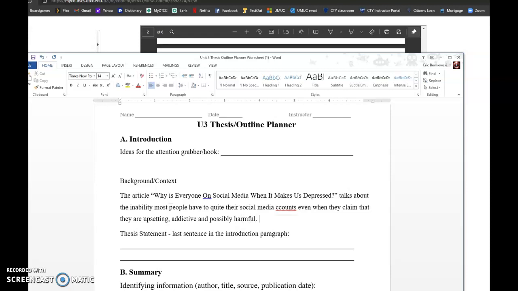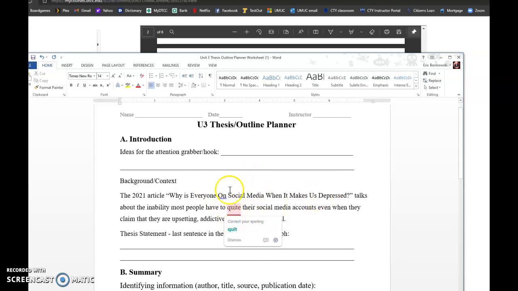Okay, so you can see that what I've done here is made up an article, but this is the kind of sentence that you're going to want. Okay, so it gives a little bit of background.